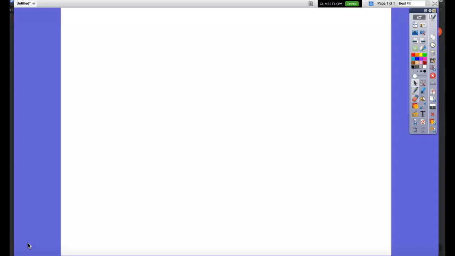But we are going to be talking about some shapes today, specifically quadrilaterals. And we're going to start by designing a concept web. And at the very top, we're going to title it Quadrilaterals.